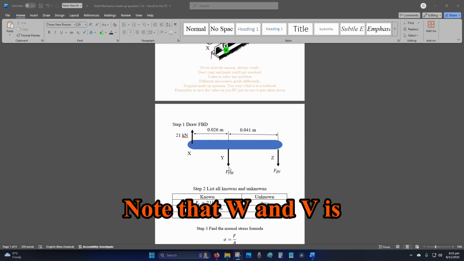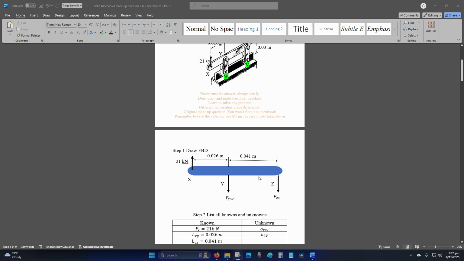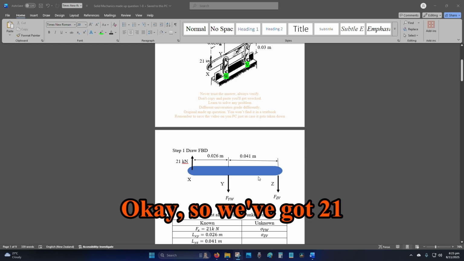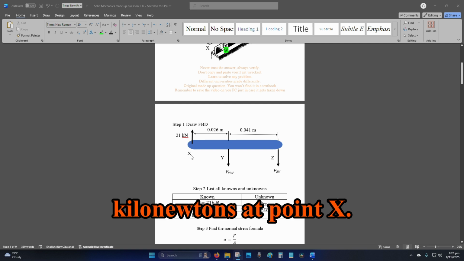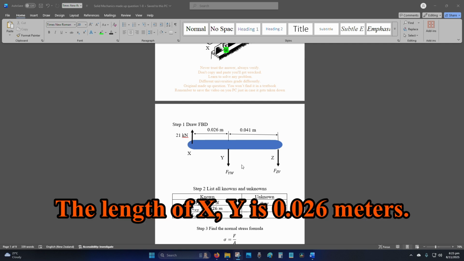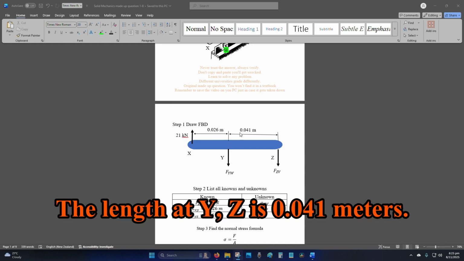Note that W and V are directly below Y and Z respectively. So we've got 21 kilonewtons at point X. The length of XY is 0.026 meters. The length of YZ is 0.041 meters.